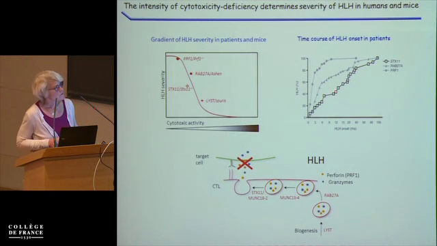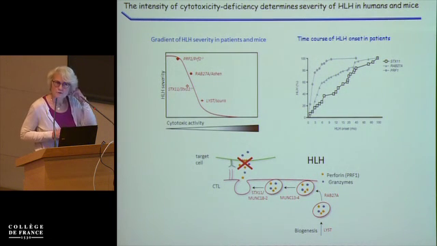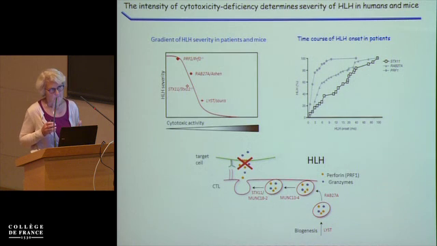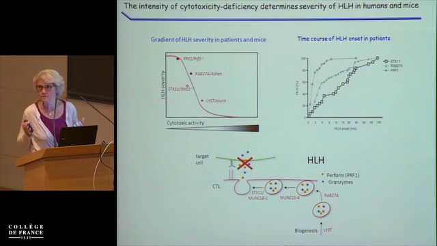And this correlation between cytotoxic deficiency and severity of HLH manifestation can also be observed if we look at the nature of the mutation observed in the patient for a given gene.